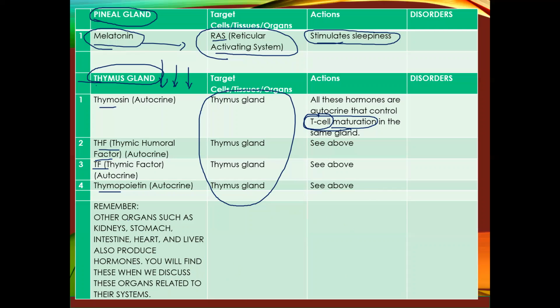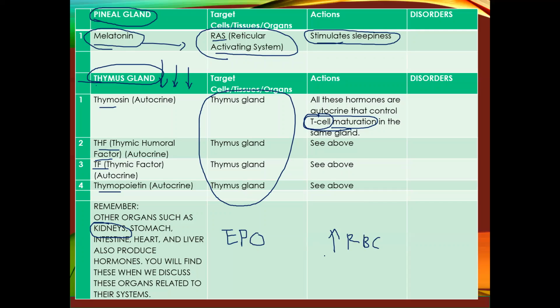And also just remember, there are some other organs that also function as an endocrine gland and an exocrine gland at the same time. For example, the kidney. The kidney produces a hormone called EPO, erythropoietin, which is the hormone used to increase red blood cell production.